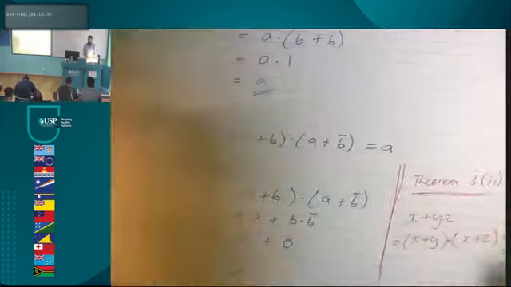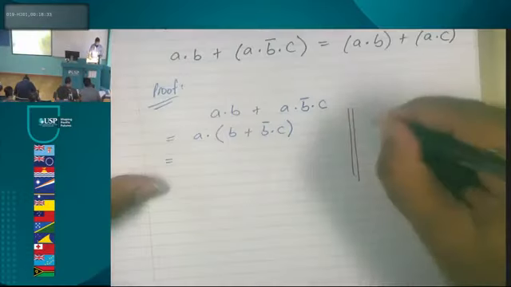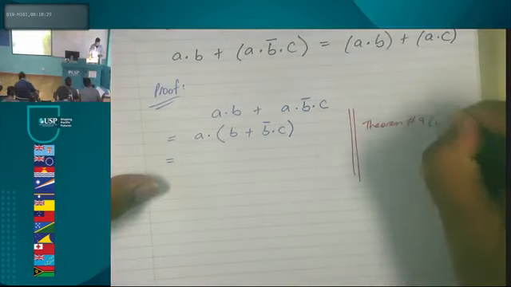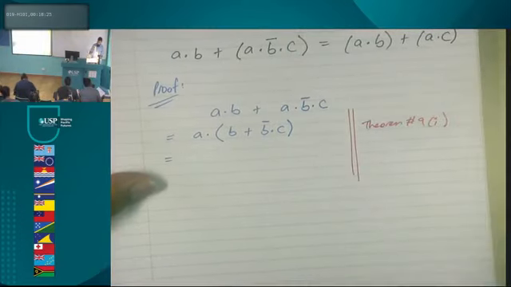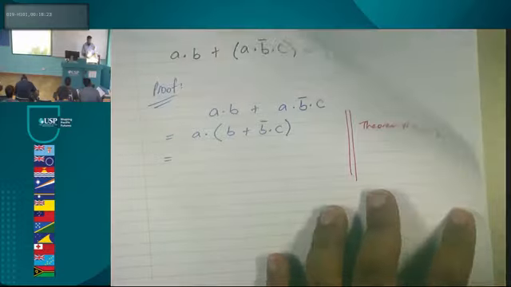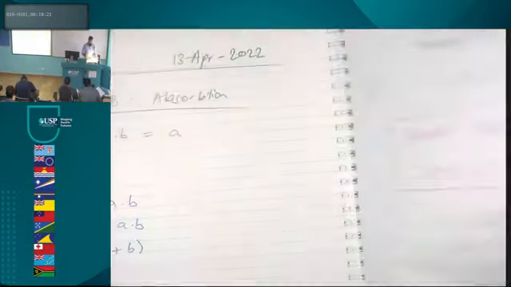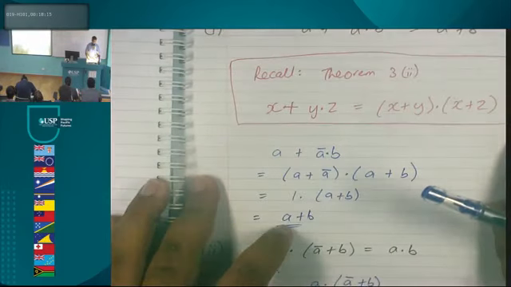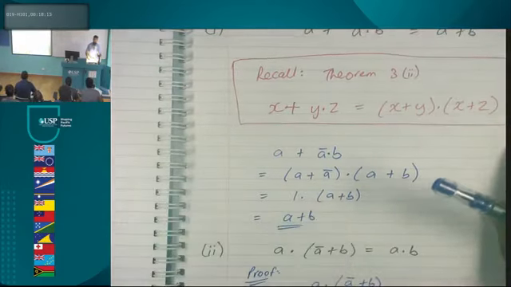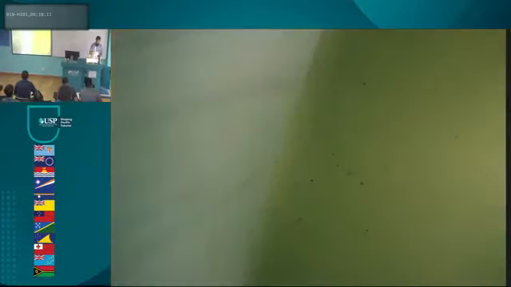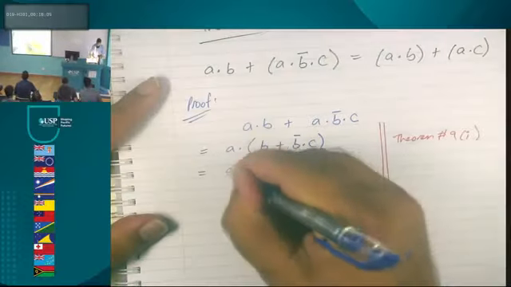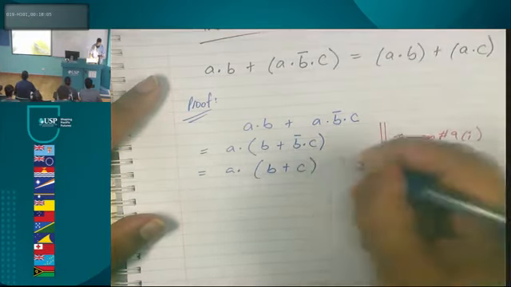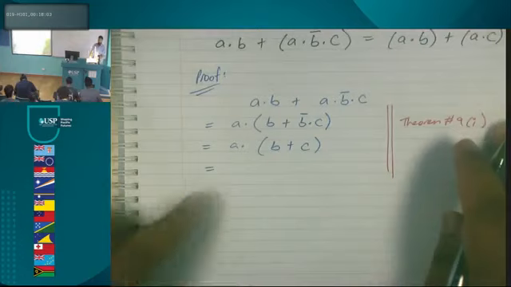Theorem 9, number 1. Have a look at that. B or B bar and C would be the same as B or C. Everyone see what I've done there?